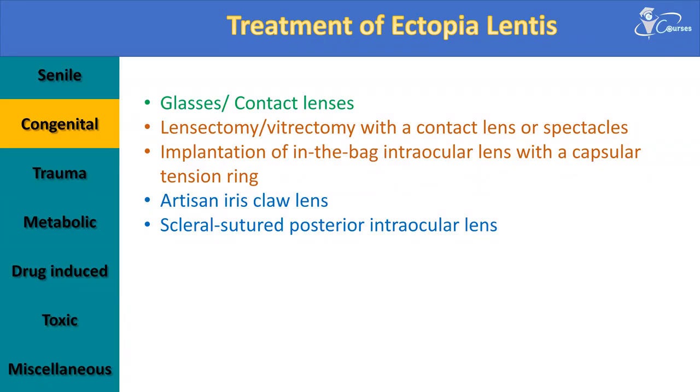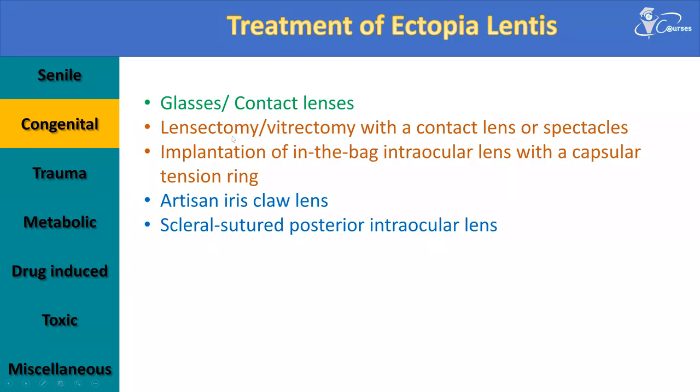This can be done in case of limited zonular dialysis or limited zonulopathy. So it depends on the degree of zonular dialysis and on the original pathology. Are the zonules intact or not intact? Sometimes they can be visible, but they are not healthy, like in Marfan.